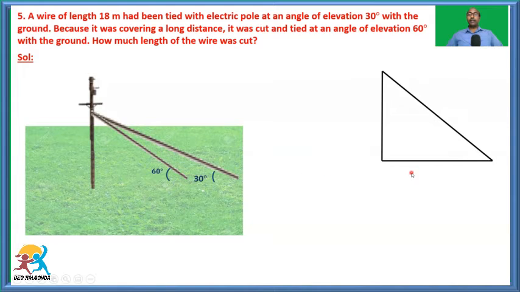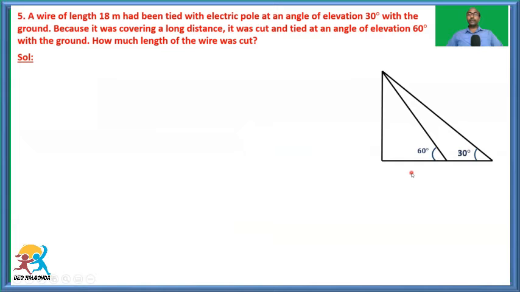So this is the figure. Okay. A, B, C, D, and the length of the wire at first is 18 meters.